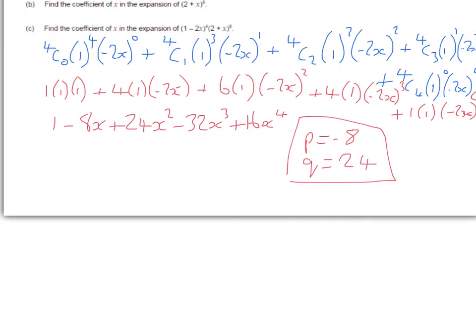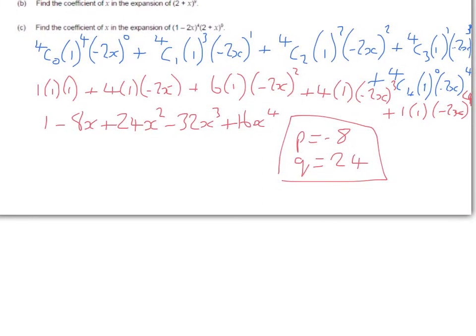Okay. Now, part B says find the coefficient of x in the expansion of 2 plus x to the 9. But I'm only interested in the bit where I'm going to get an x from. So if we're looking at the values that we've just been doing, let's see which one gave us an x term. Well, the x term came from here.